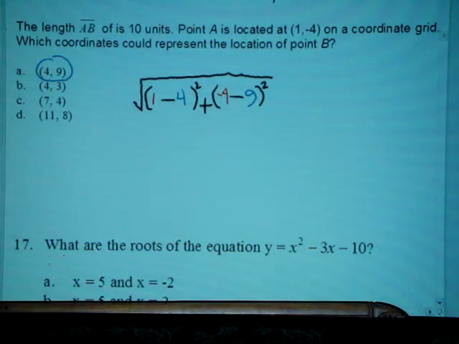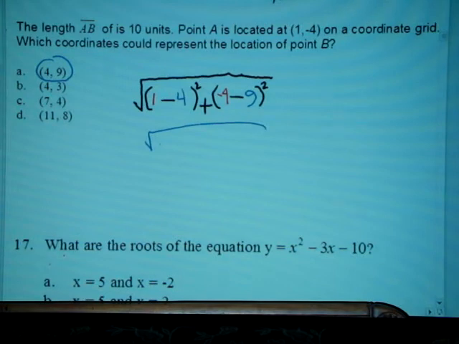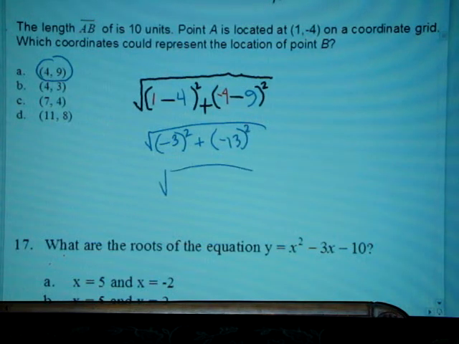1 minus 4 is -3 squared, plus -4 minus 9 is -13 quantity squared. -3 squared, any negative squared is going to end up being positive, so it's 9 plus 13 squared is 169. The square root of 9 plus 169 is 178.